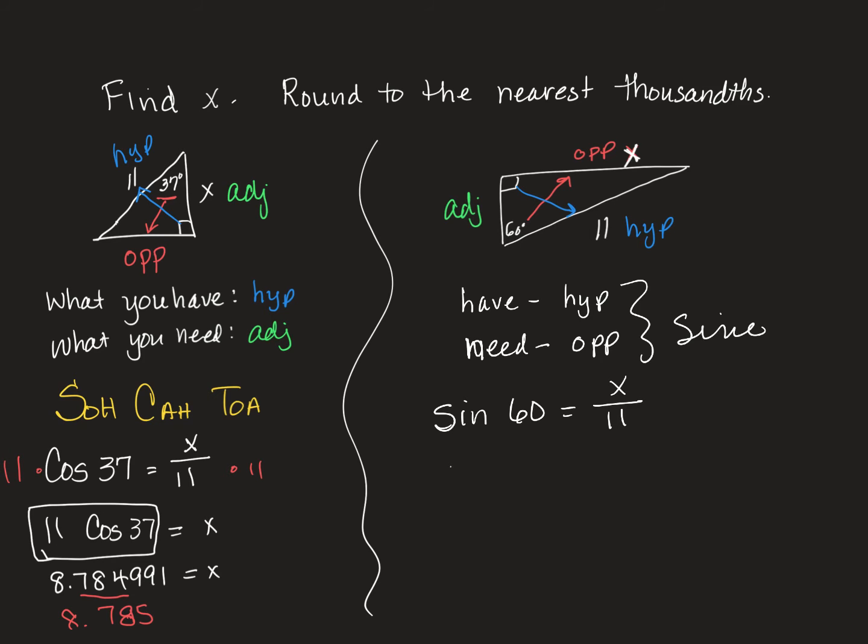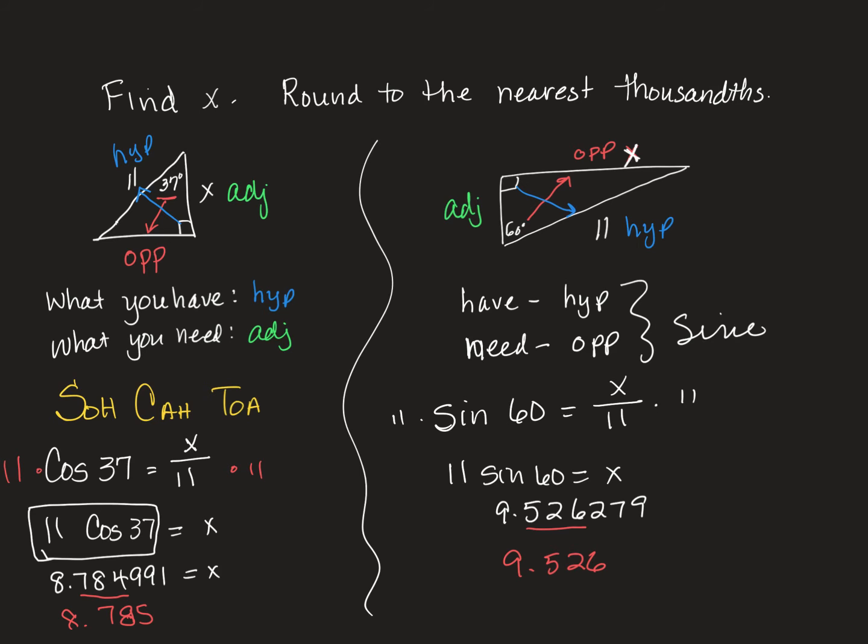Again, I used 11 again. Multiply 11 to both sides. I'm going to type that in my calculator: 11 times sine of 60. I'm going to get 9.526279, to the nearest thousandths. So 1, 2, 3. So it's 9.526.